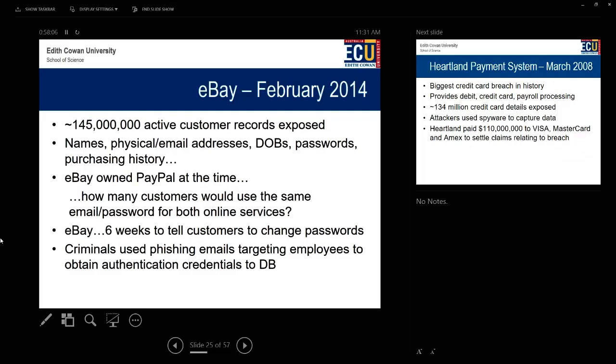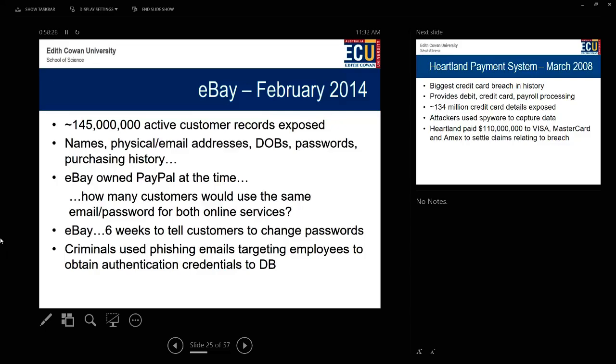eBay, February 2014. Names, physical addresses, email addresses, dates of birth, passwords, purchasing history, everything was compromised. And do you know, eBay at that time owned PayPal. So what do you do with PayPal? You enter your credit card details, your CVV numbers, your everything.